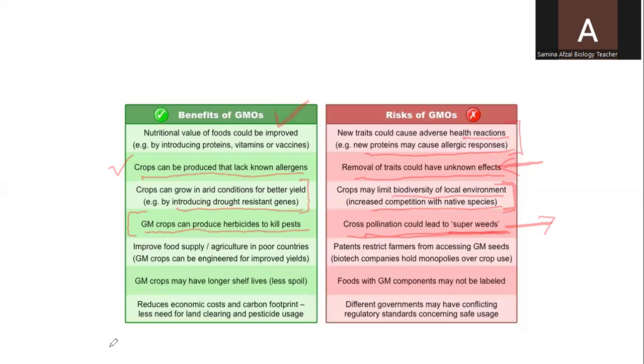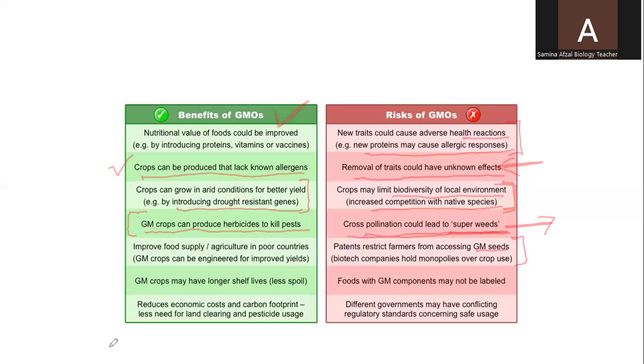They are unable to grow these different crops. But patents restrict farmers from accessing genetically modified seeds. So sometimes the seeds are not available to the people who want to grow these genetically modified seeds.